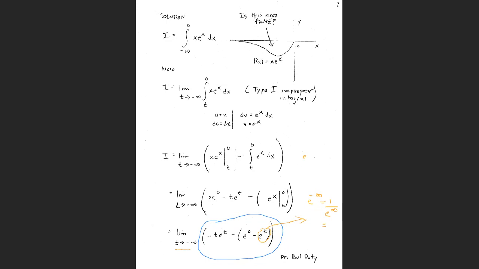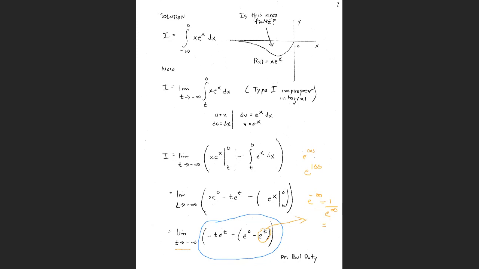Yeah, e to the infinity is like taking e and raising it to a very high power, right? It's a huge number. If you have e to the 100th power, try that on your calculator. The calculator probably won't be able to handle that. I'll try it right now.